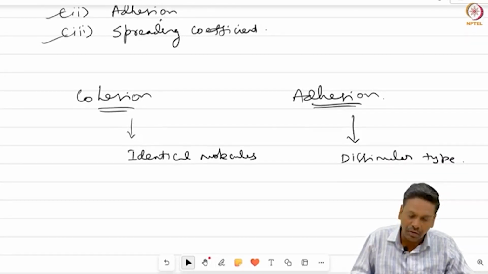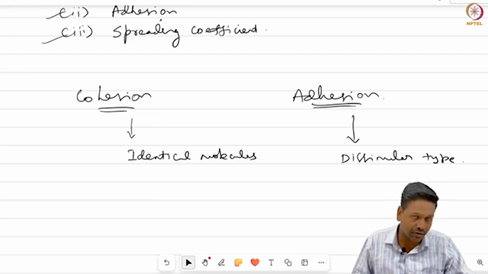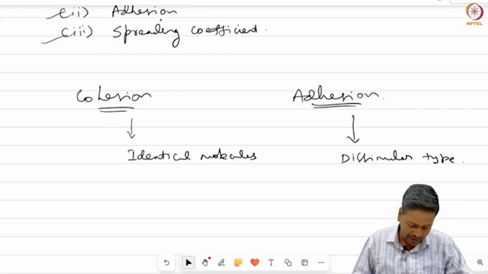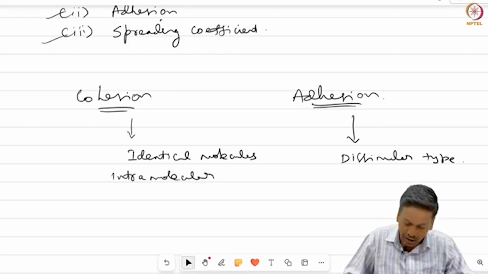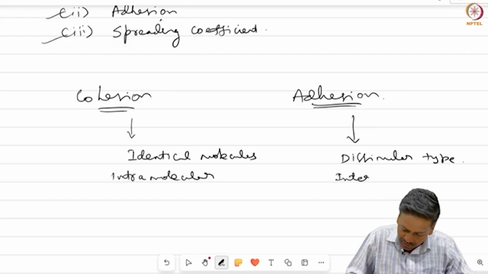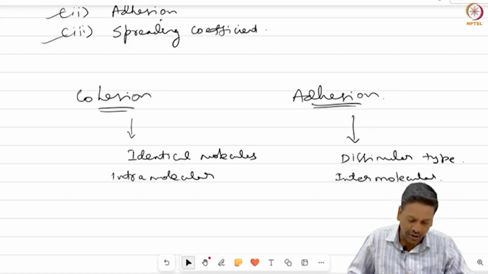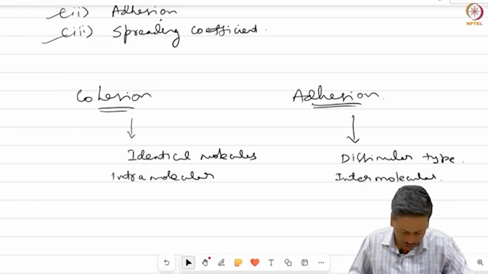So in a nutshell, one can relate cohesion to intramolecular interaction, whereas adhesion is intermolecular. Right, I think this difference is very clear now.